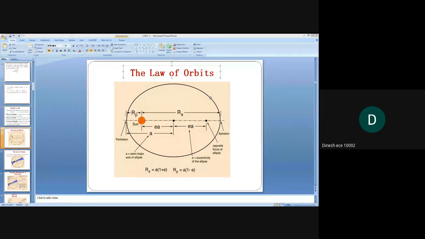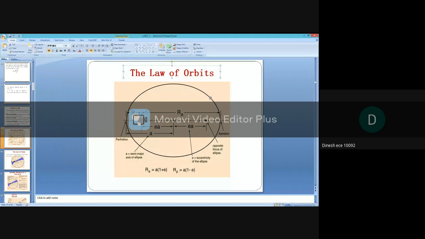This diagram shows the law of orbits, which is the first one. Here we have the sun, shown in orange color.